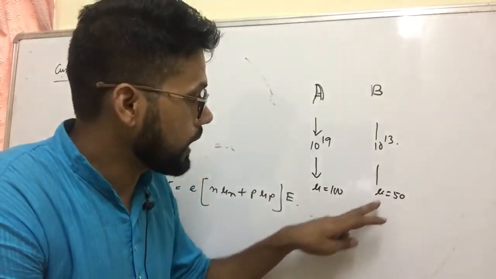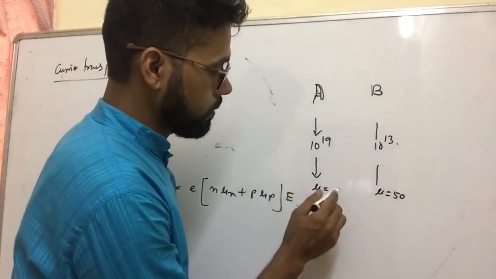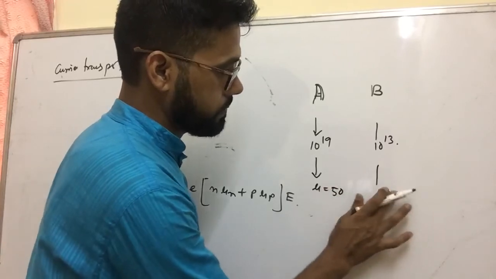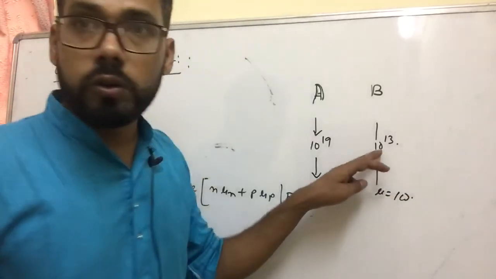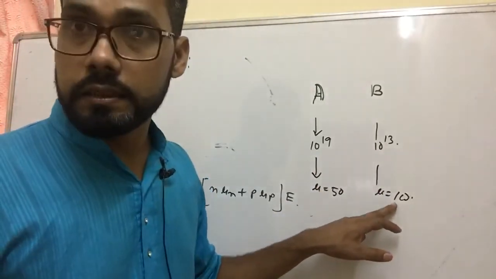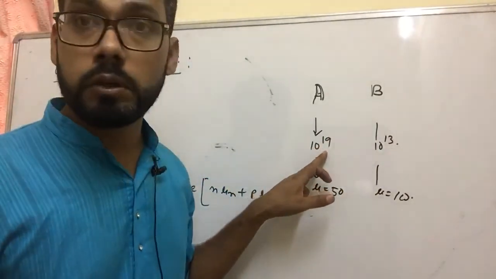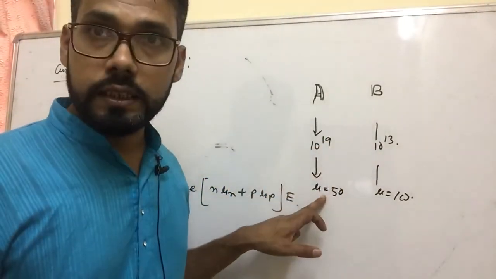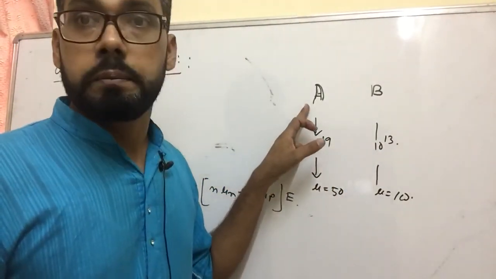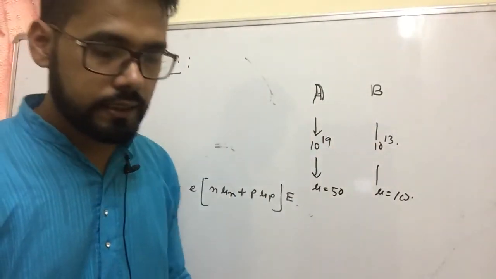Another example: suppose A has mobility 50 and B has 100. B, although it has a lower electron concentration, has high mobility, so it will be the better semiconductor. A has a high number of electrons but low mobility, so it has lesser performance compared to B.